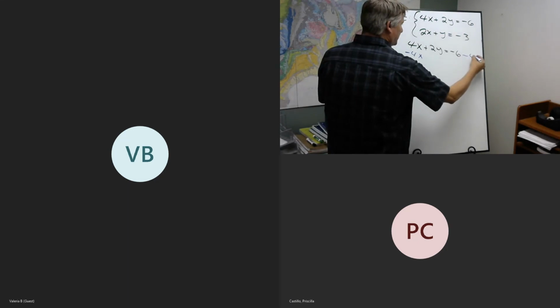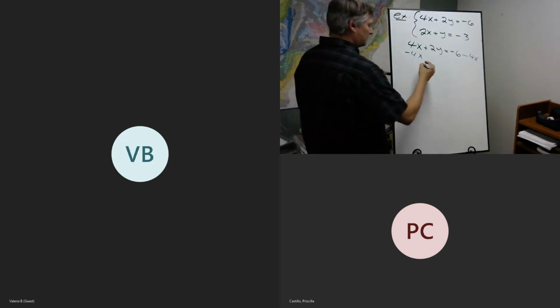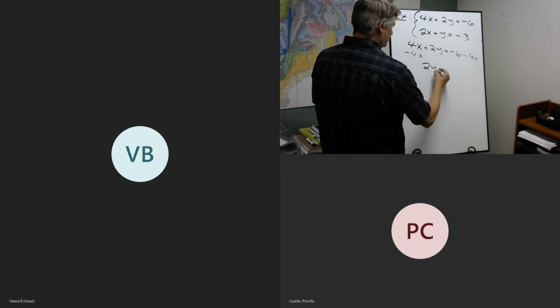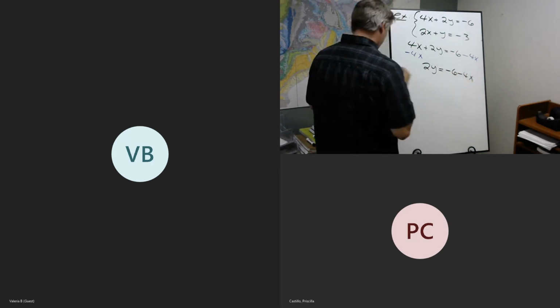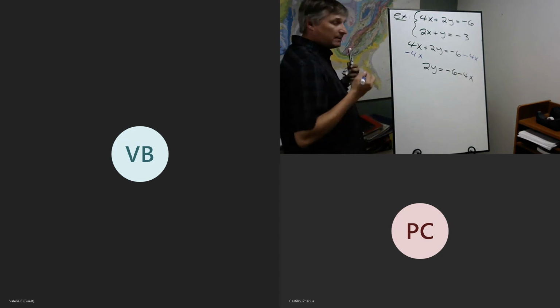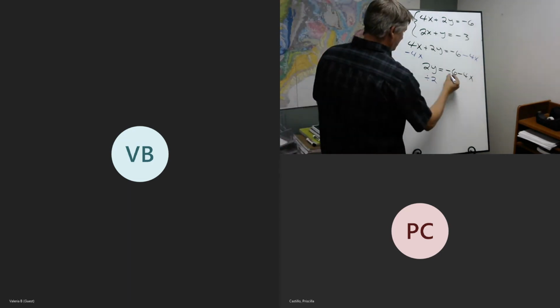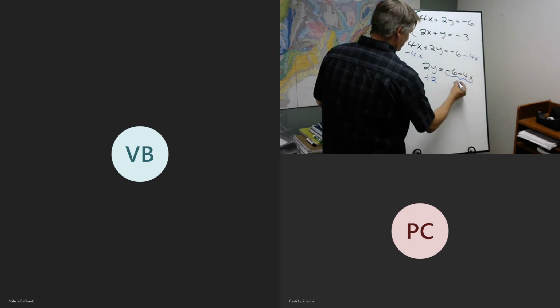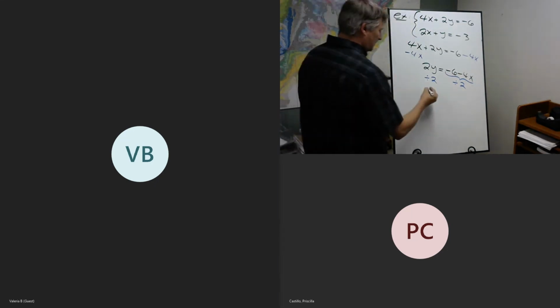So subtract 4x from both sides. Divide both sides by 2. So we get y.